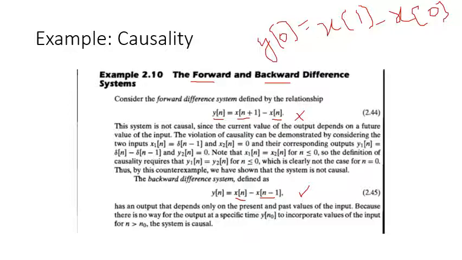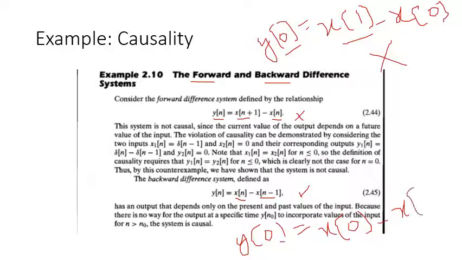Here we can see that output at sample 0 depends on sample 1, which is not correct. So it cannot be a causal system. Whereas in backward difference, if I put n equal to 0, this is x of 0 minus x of minus 1. So output depends on current and previous, so this is causal. Forward difference is not causal, whereas backward difference is a causal system.